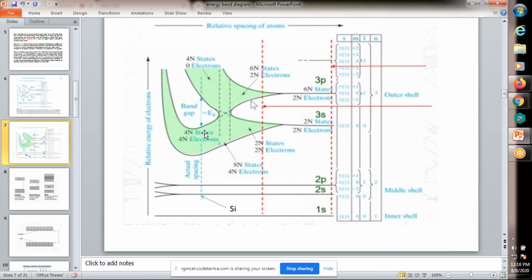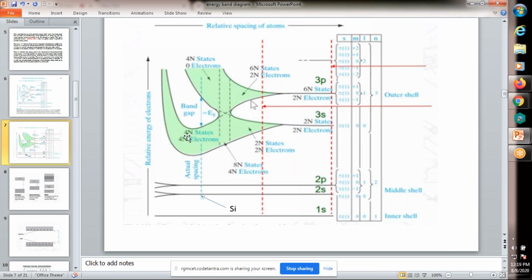Now, how many total states are available? Available states are 8N states. Why? Because in the outermost shell there are 3s with 2 states and 3p with 6 states. As the interatomic spacing decreases, these states merge into two groups of 4N states.